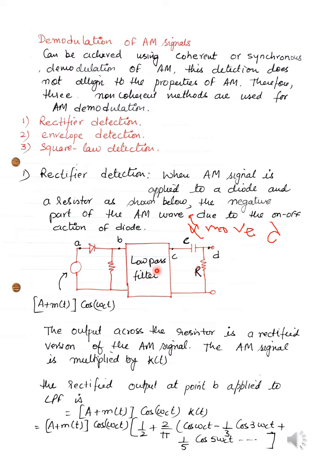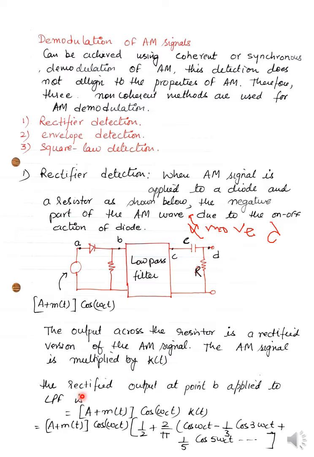A low pass filter allows frequencies up to a certain frequency and then blocks after that. So a low pass filter is used here, and a capacitor is used here in order to ensure that DC is blocked, which is going to this point.